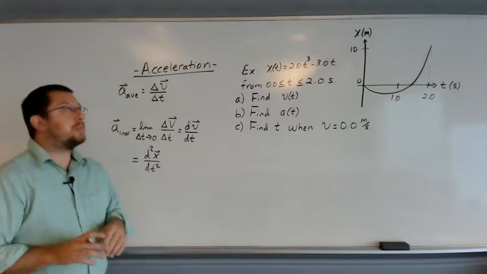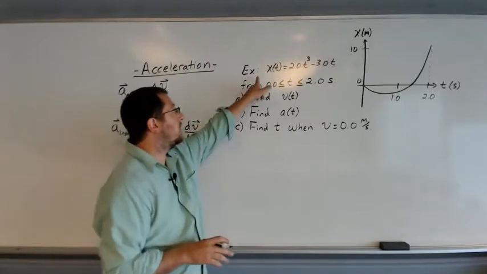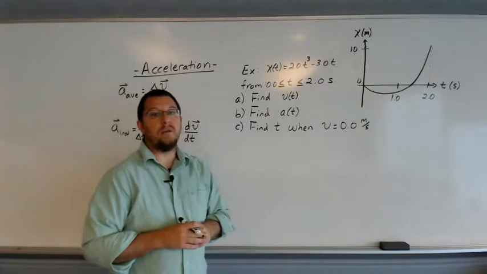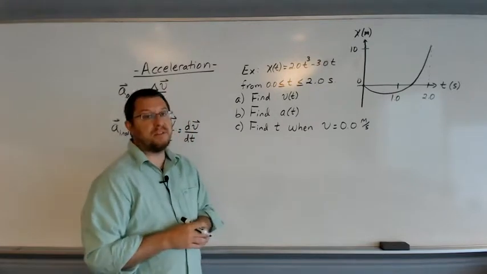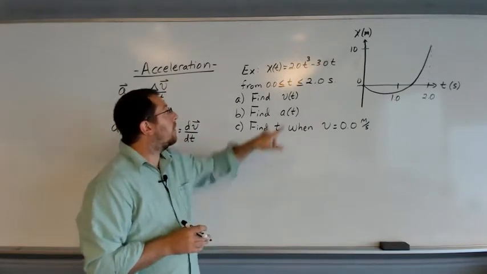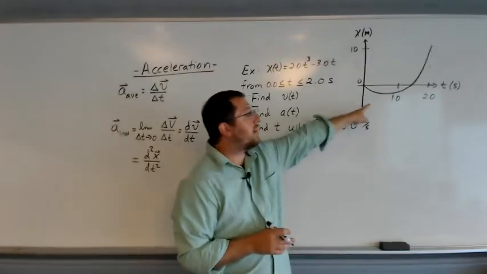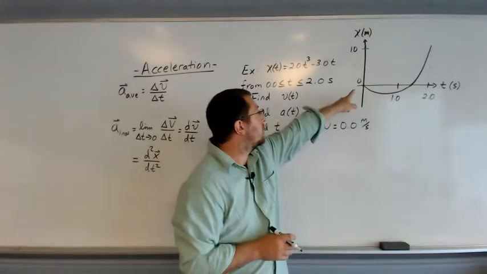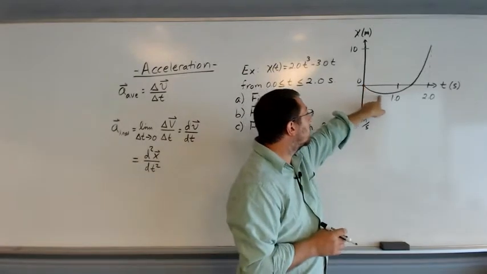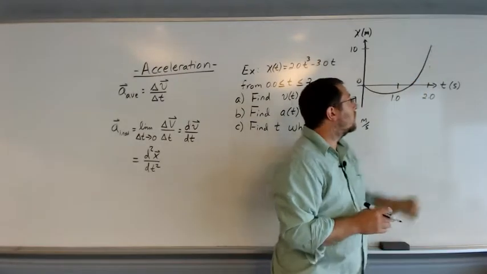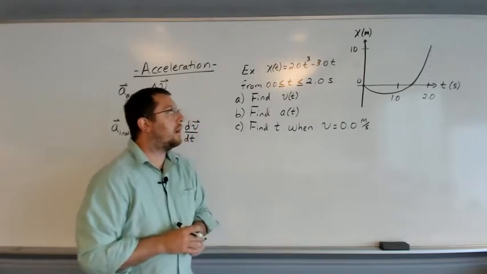So, as an example, let's say that we have a particle and it is constrained to move according to this position versus time function over this time interval right here. And we have a plot of the function right here, so it's going to start at the origin and move downward, and then it will grow upward over there.